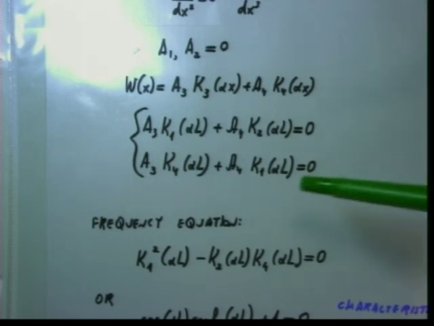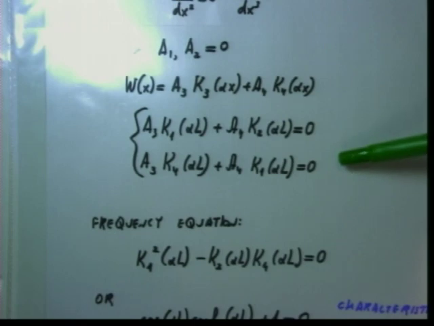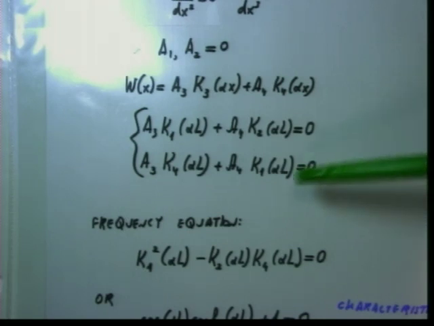In order for A3 and A4 not to equal 0 simultaneously, the determinant must be 0.